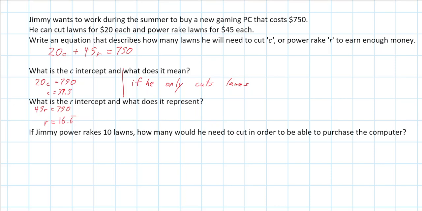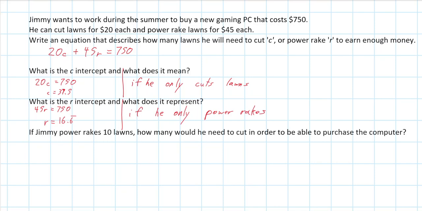It must not simplify much further. So, yeah, that's as far as it simplifies. So we'll just leave it there. So what does it represent? It's if he only power rakes during the summer.